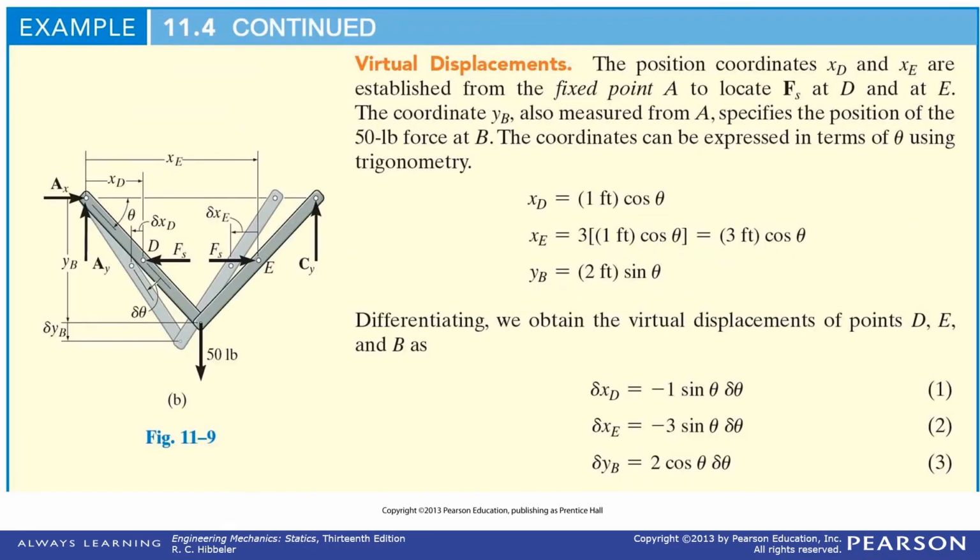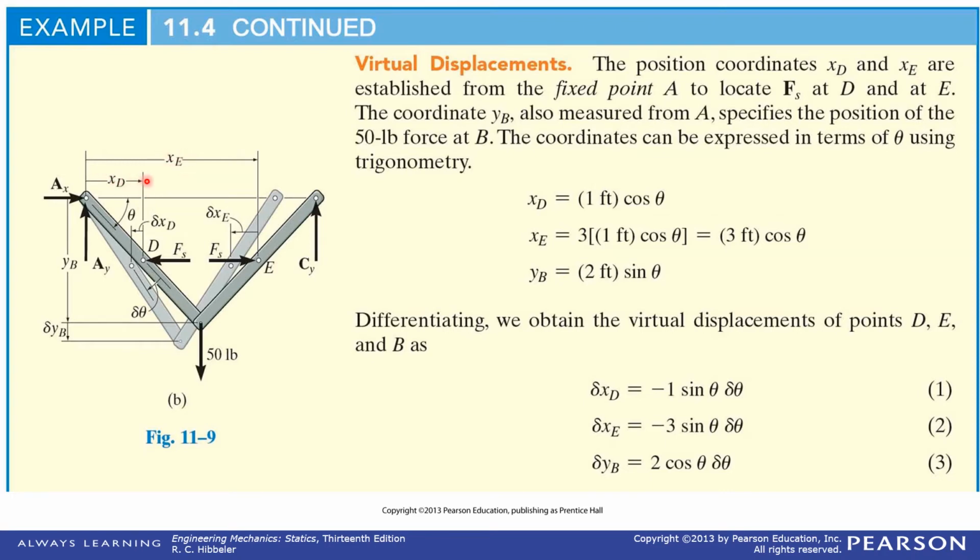Now, we need to figure out the virtual displacements. So the x sub d, that's this little one here, is this 1 foot times the cosine theta. X sub b is going to be 3 times that.